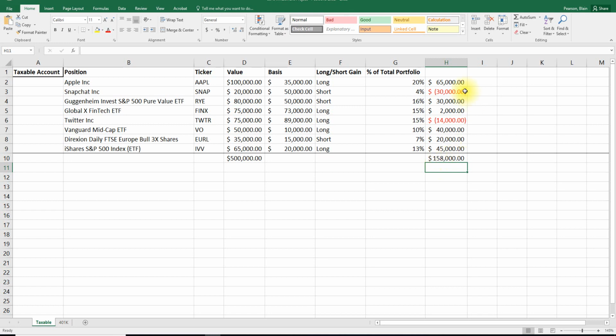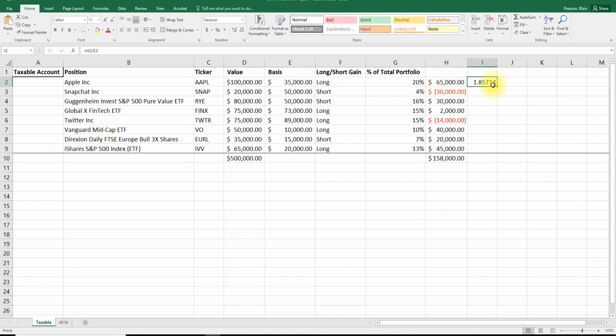What I then like to do is take those capital gains and look at how relative those gains are to the basis of the position. What I mean is I like to look at the percentage amount that this client has made on her money. From here, I can hit equals the amount of gain in the position and divide it by what she originally paid for it.